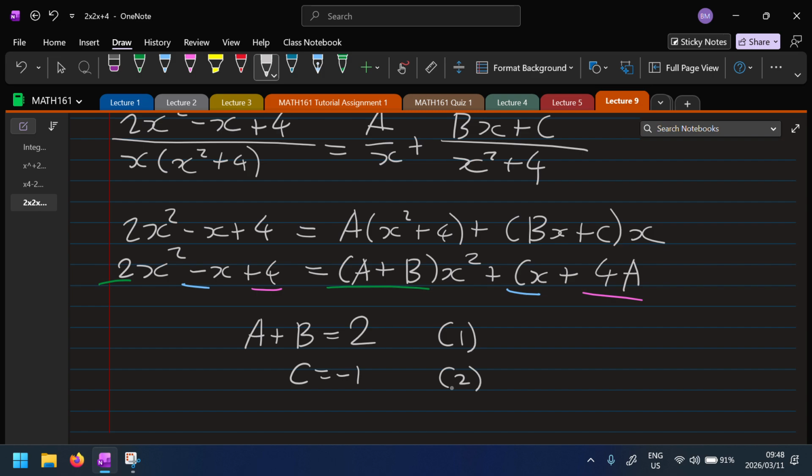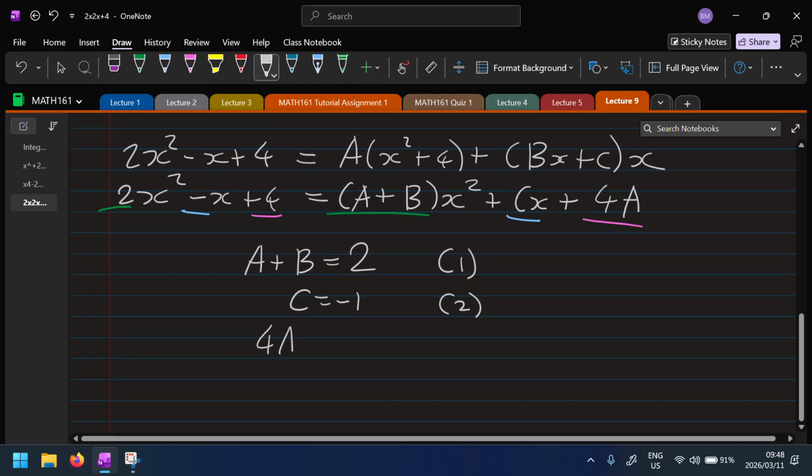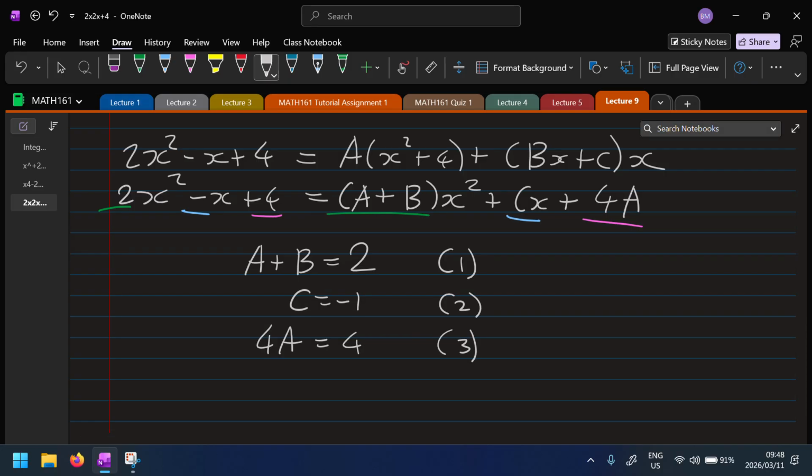And the last one, 4a equals 4. a equals 1, we have that already. Okay, so setting it up like this, we have our answer right away. So it saves us a lot of trouble of substituting x equals 0, x equals 1, and trying to solve it that way. This way, we get it very, very quickly.